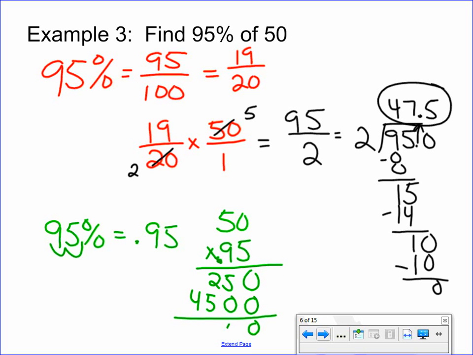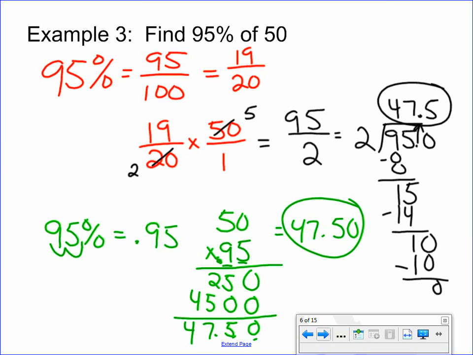So add up my numbers. 2 places behind the decimal up there, 2 down here. Remember, the 0 at the end does not change the value of the number. I can add zeros as long as I want to, and it still means the same thing. A lot less math steps involved using the decimal.